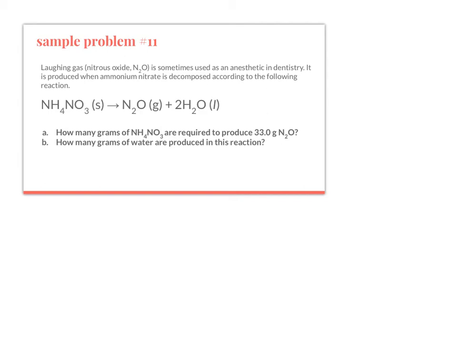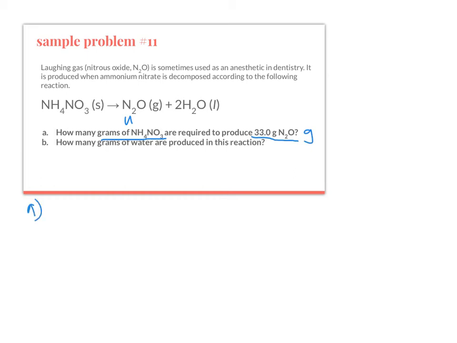So then they have to know how much of the reactants they need in order to produce that much product. Okay? But grams of NH4NO3 is your unknown because it's asking how many. And then 33 grams of N2O is your given on letter A.